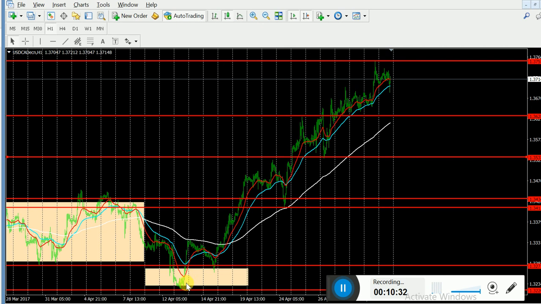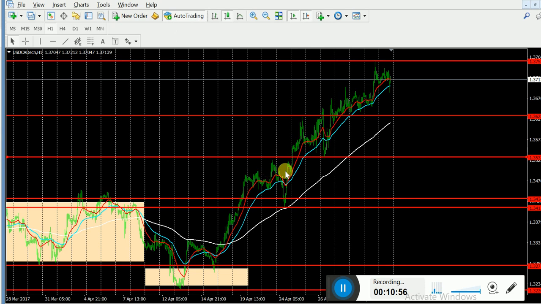Okay, so this initial uptrend cycle began on April 12th, about 3 weeks ago. Now if you notice here, we rose to level 2. This is considered the first level of rise.